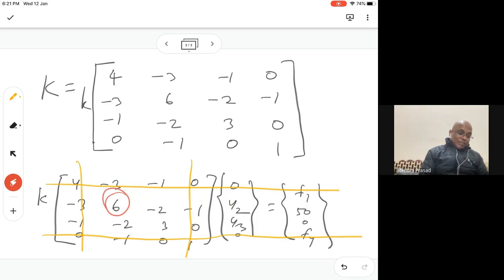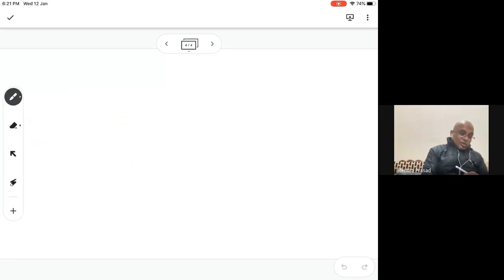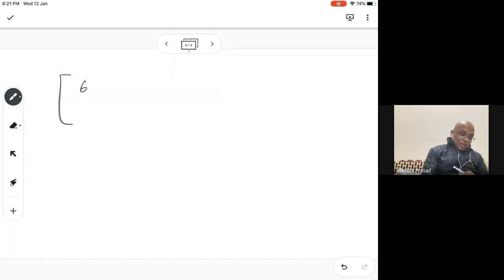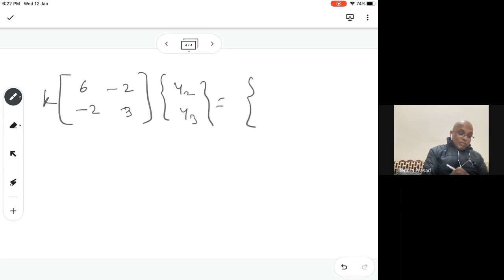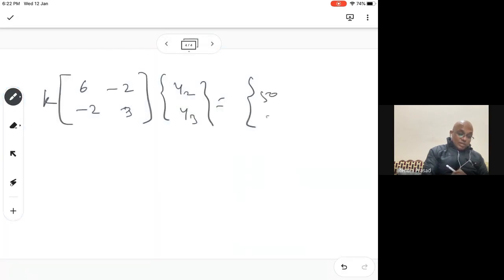So you get k times 6 minus 2 minus 2 3, times u2 u3, equal to 50 and 0. This is the equation you have to solve.